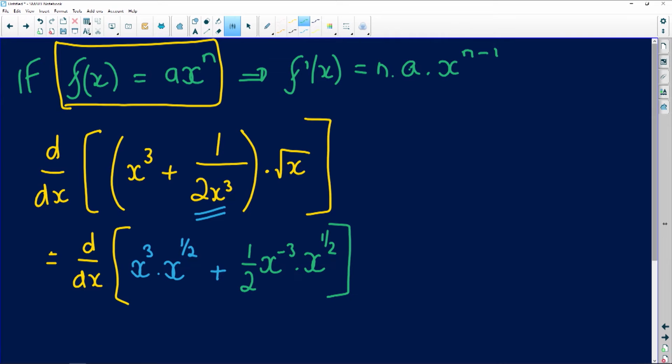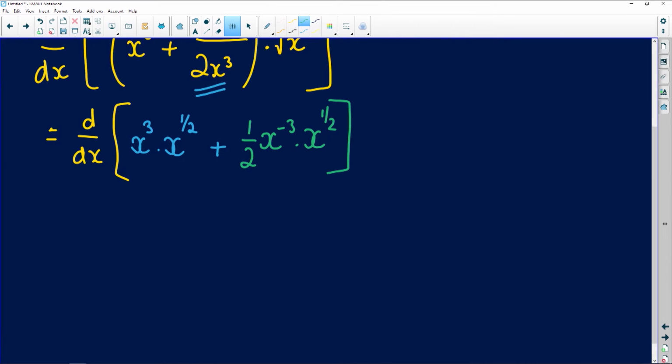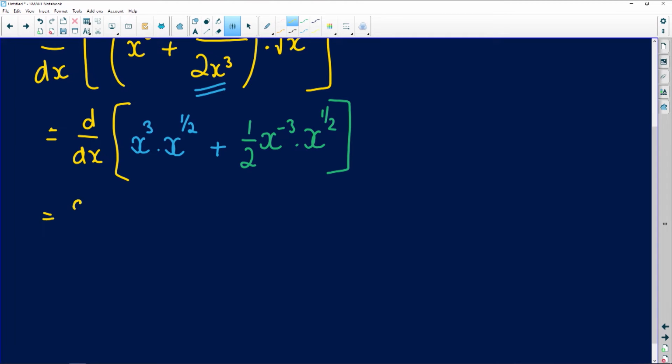We are still not ready to differentiate, because we can't differentiate that product. We can only do that if we do AP maths or if we are at university one day. So at high school, you have to multiply and get it ready to look exactly like the power rule. So we're still not differentiating, we're ddxing still. Here we get x, 3 plus a half is 3.5, which you don't need your calculator for, please.